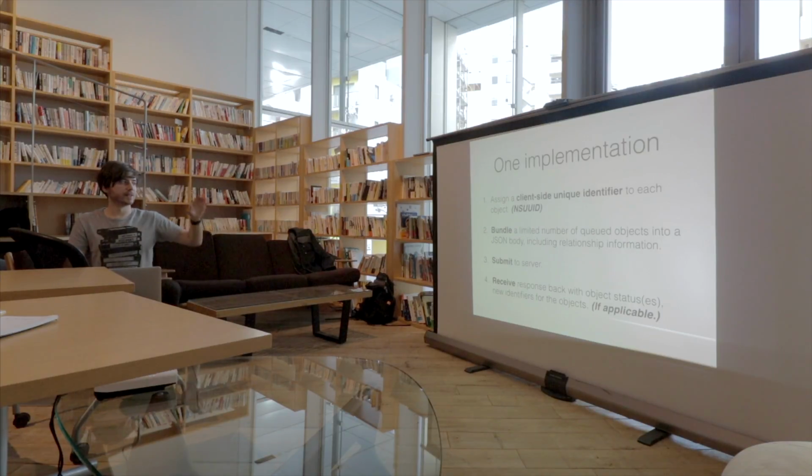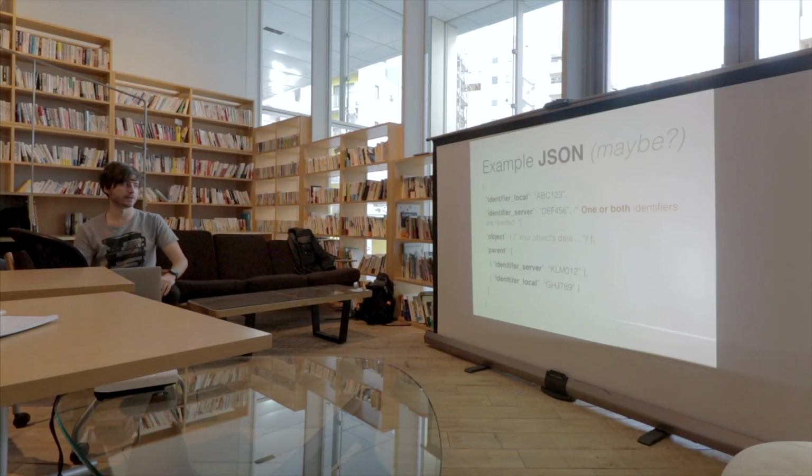NSUUID is only guaranteed to be unique for that device, and it's possible for another device to come up with the same UUID. So generally the server has to check to make sure it's actually unique. Keep that in mind. That's where things get a little bit complicated.